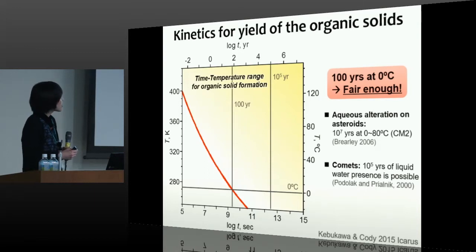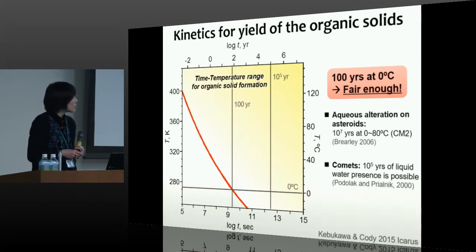And even at the comets, some comets could have liquid water for 10^5 years or so. So in that case, even in comets, maybe you can produce this kind of organic solid.